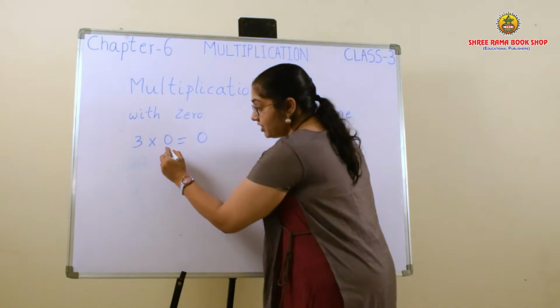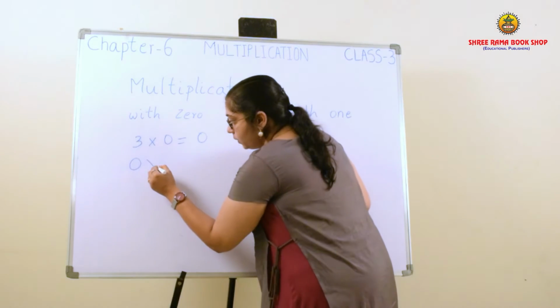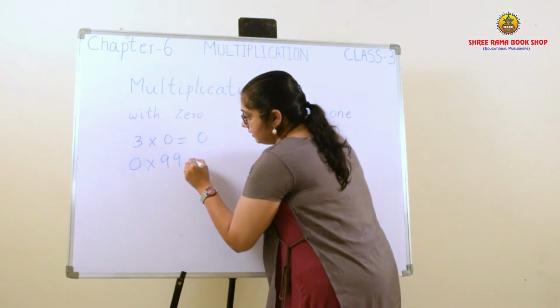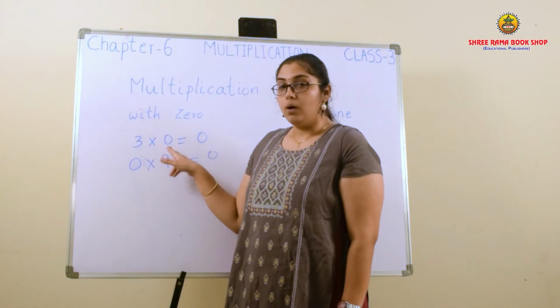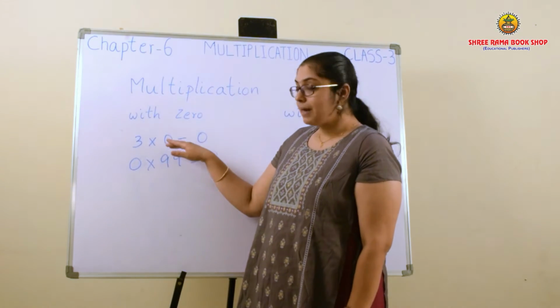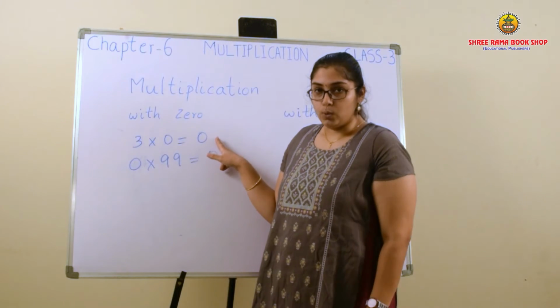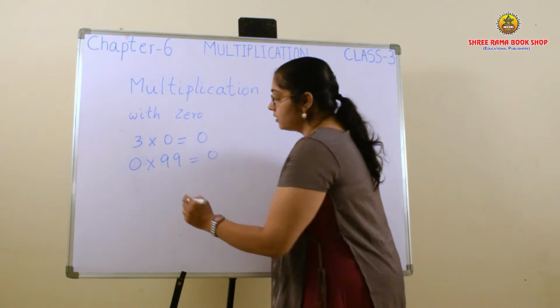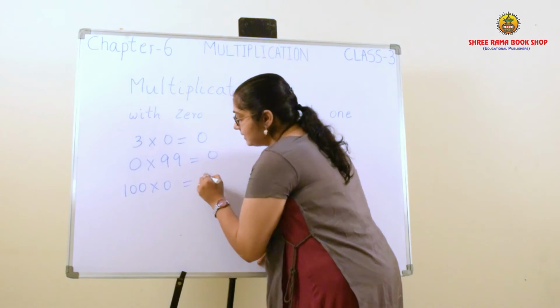If I change the order, for example 0 into 99, then the answer is 0 itself. Whatever the order may be, if I multiply a number with 0, then the answer is definitely 0. It won't change, right? One more example: 100 into 0, the answer is 0.